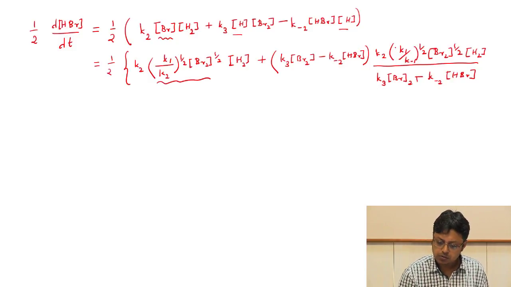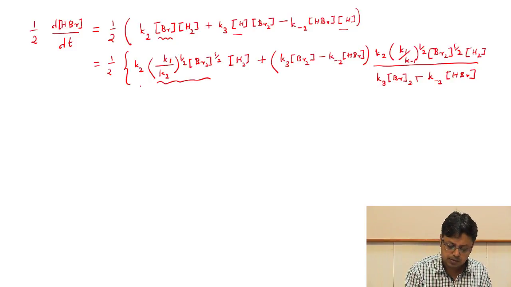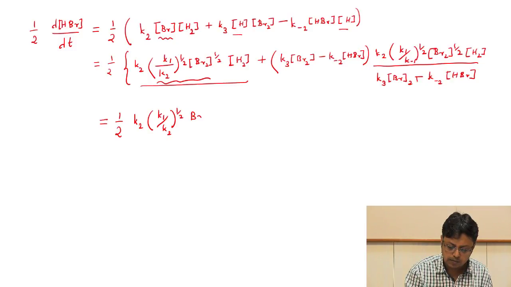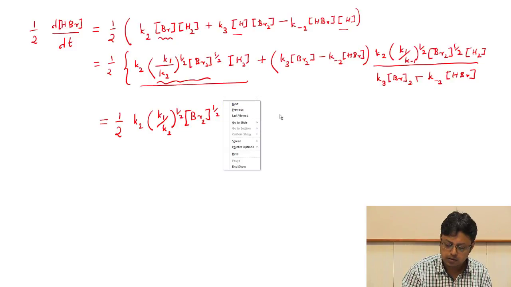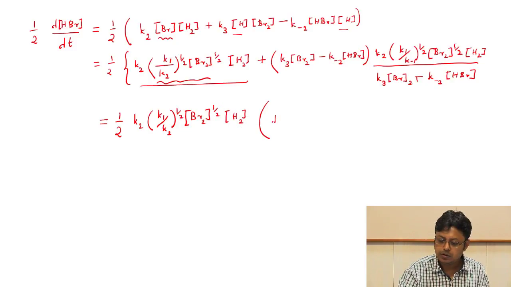Now how to solve this? You can see that in this entire expression K2 into, we can take common for this part, so it is half times K2 into K1 by K minus 1 to the power half into bromine to the power half into H2, and inside parentheses you have 1 plus, so you have taken this part common, which I am writing in the first bracket.